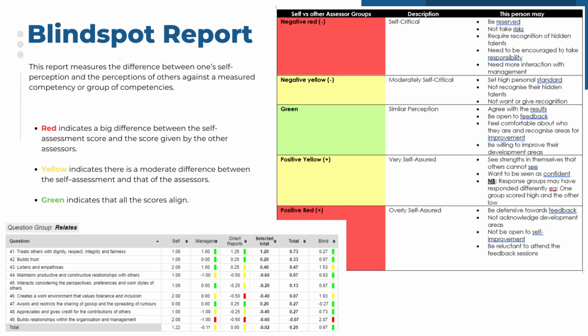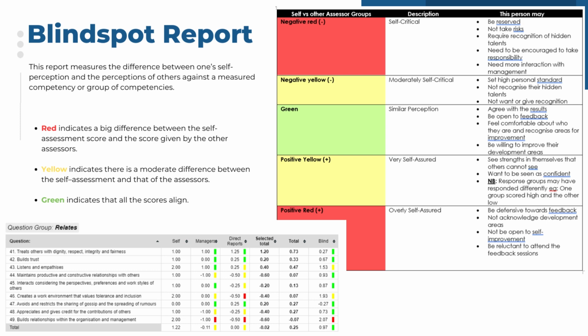However, if I thought that I was incredibly bad as well, and you thought I was incredibly bad, it's going to show as a minus, but it will still show as green. So again, to reiterate, green can still be a development area, but it just means that the perspectives of all the parties agree. Hope I haven't confused you, but I do find this particular report amazing to use.